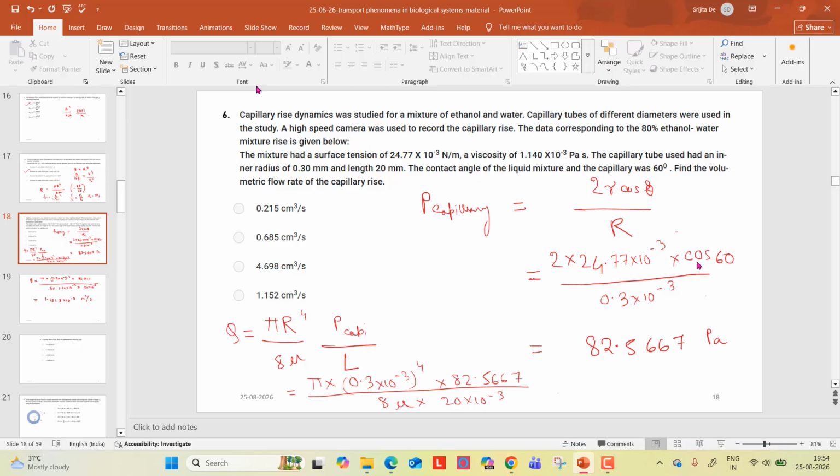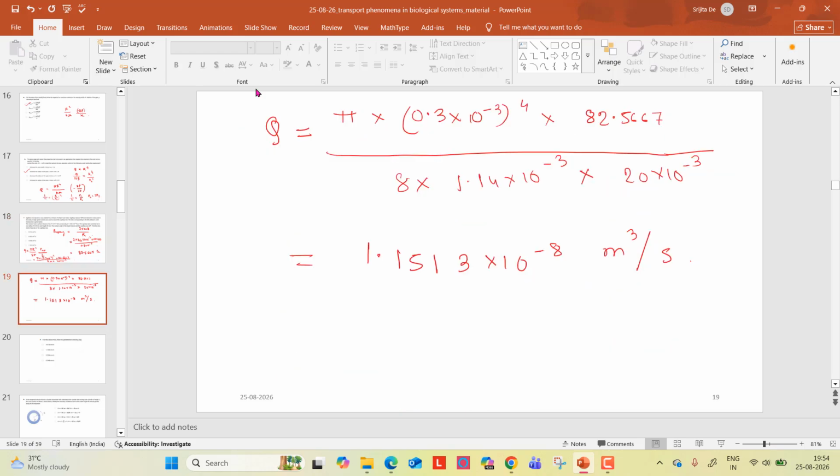There is some calculation mistake or whatever, I don't know. You check it, because this should come 10 to the power minus 6 actually. Okay, I think I have missed somewhere. So now you can write it as 1.151 centimeter cube per second, right?